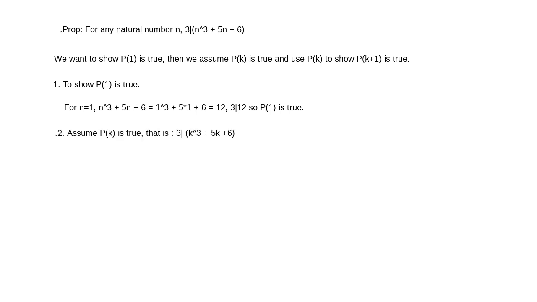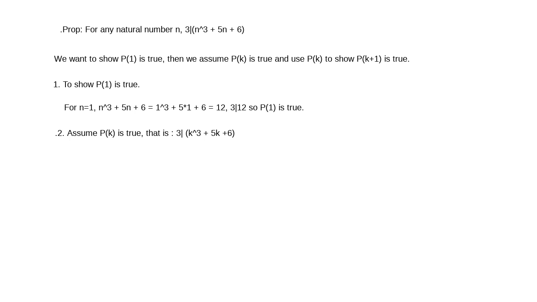Okay, so that's our assumption. So when n equals k, the proposition is true. So what does that mean? That means 3 divides k cubed plus 5k plus 6.